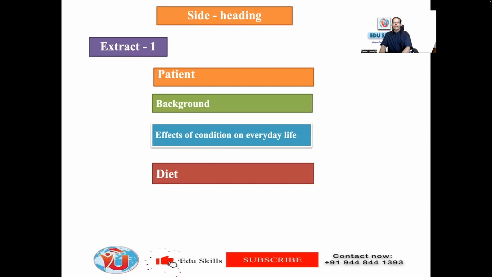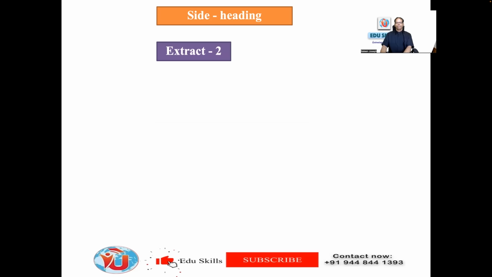Those are known as the side headings. So the answers will be connected to that. As I said, if you are speaking about the symptoms, one of the symptoms will be the answer. If you are asking about medication, a medicine will be the answer. If you are asking about diet, one particular diet will be the answer. So you should be first looking at the side headings.